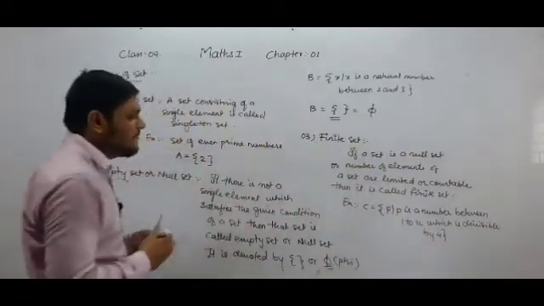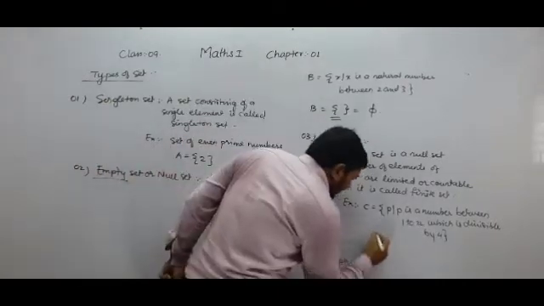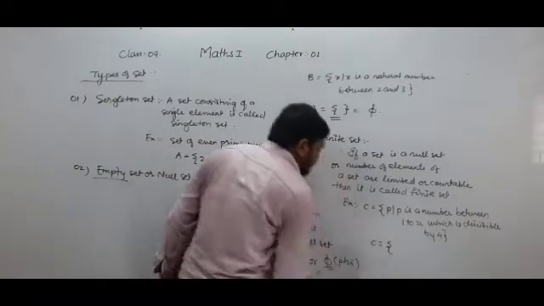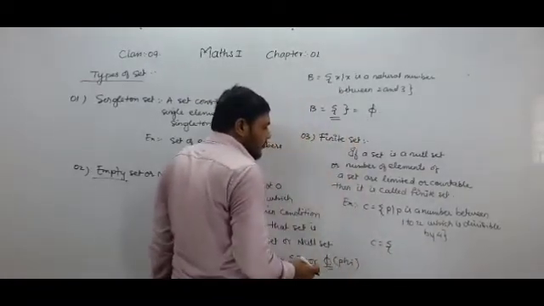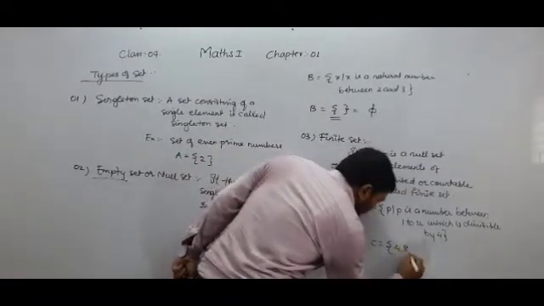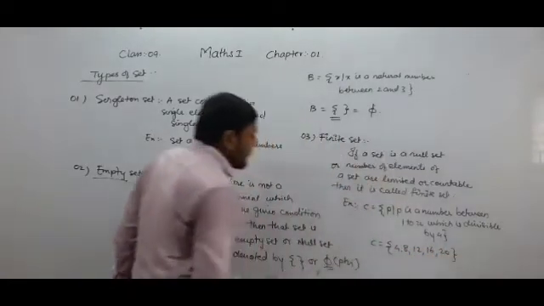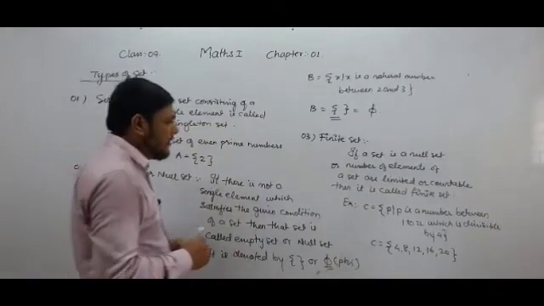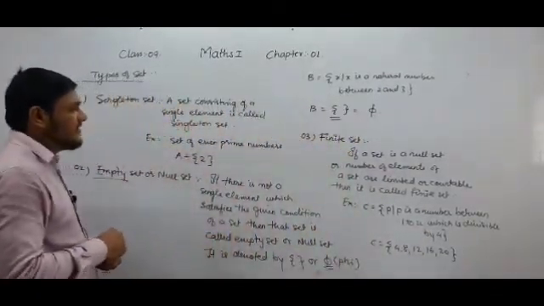Write this set C in the listing method. The numbers which are divisible by 4 between 1 to 22 are 4, 8, 12, 16 and 20. After 20 it is 24, but we want the numbers between 1 to 22, meaning less than 22. So this is a finite set.